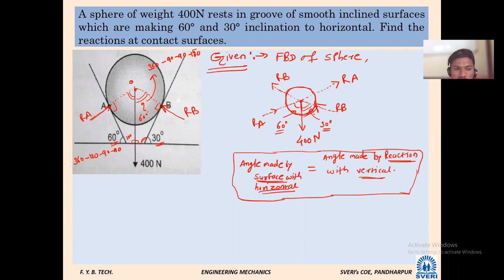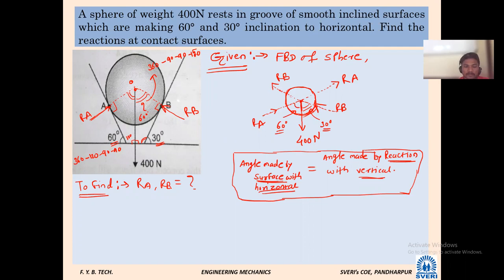Now from this, which two are we supposed to find? RA and RB. Now tell me what we can do.